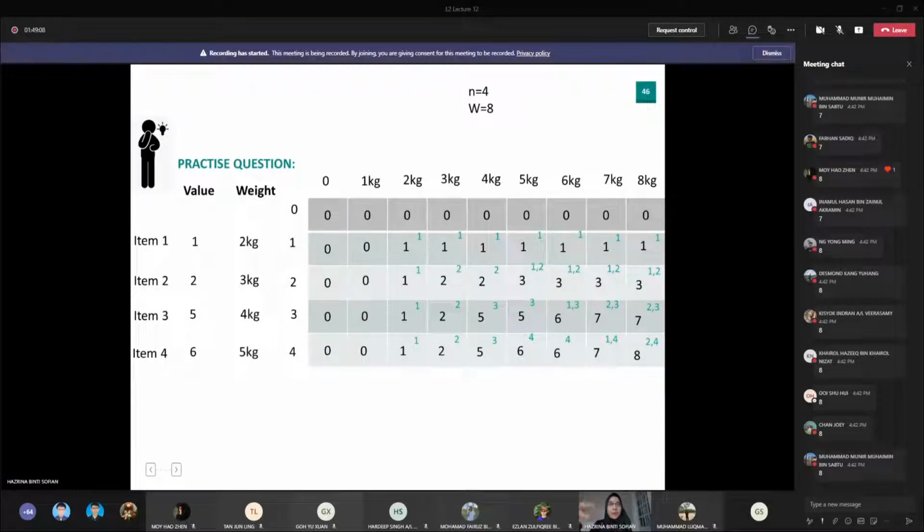Okay, and it will be better if you include some additional algorithm. Let's say you want to do the tracing and all. Okay, but most importantly, you understand the concept of dynamic programming. Then you can start thinking about how to apply it to real life.